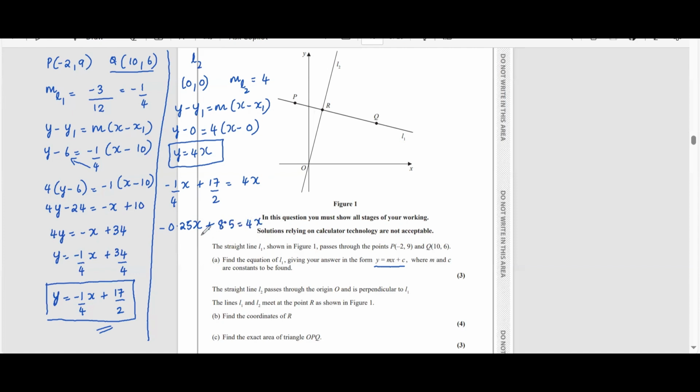Putting all the x terms together, we have 8.5 on the left hand side. Minus 0.25x goes to the right hand side and becomes positive 0.25. 4 plus 0.25 is 4.25x. Therefore x will be 8.5 divided by 4.25, which is 2.